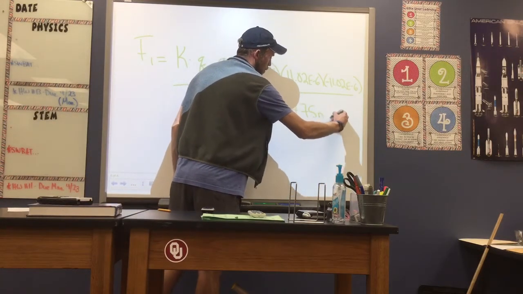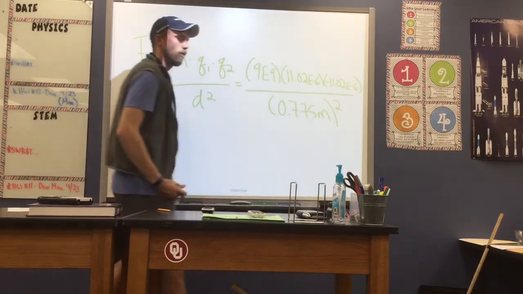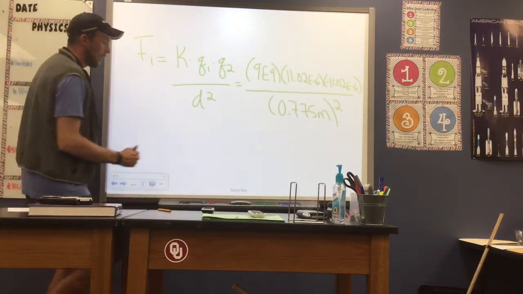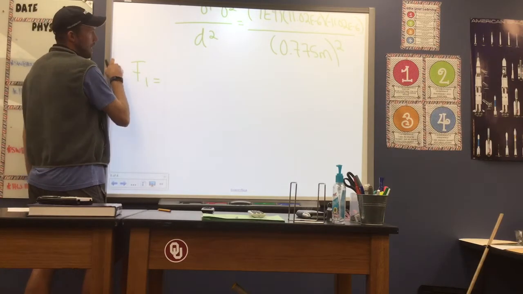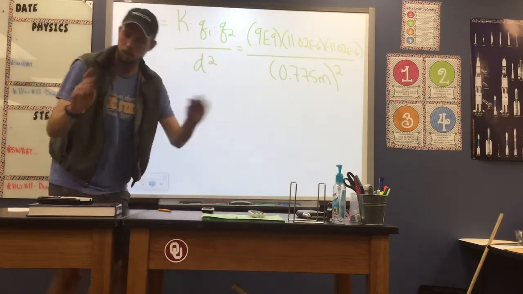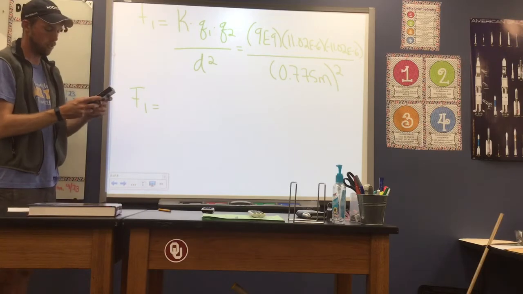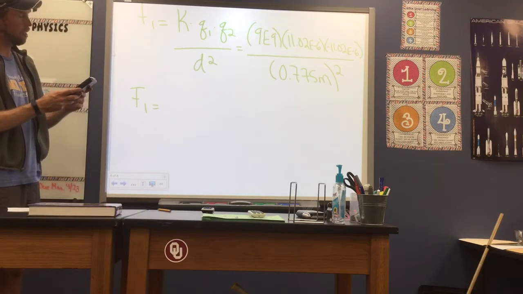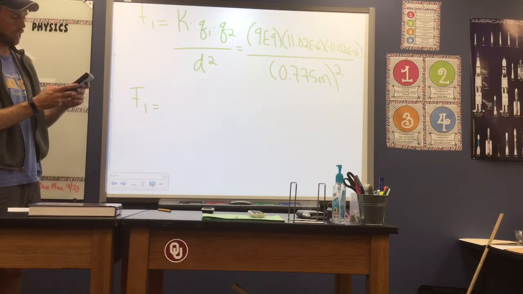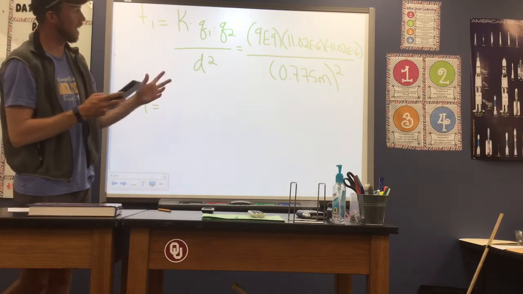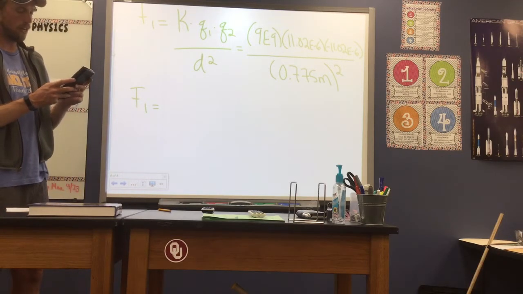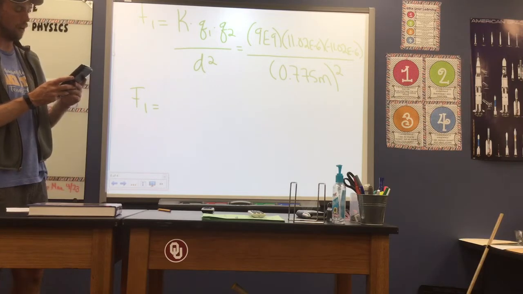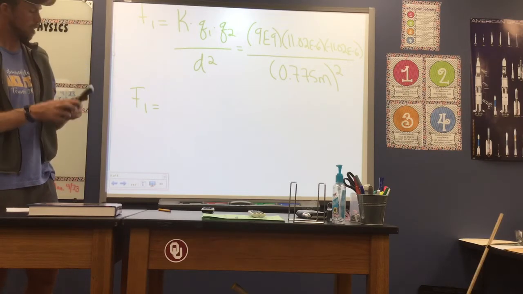0.775 meters, and that value is squared. So let's go ahead and plug in and solve for F1. K, 9e to the 9th, times 11.02e to the negative 6th times negative 11.02e to the negative 6th divided by 0.775 squared.